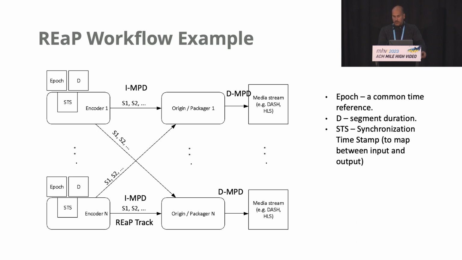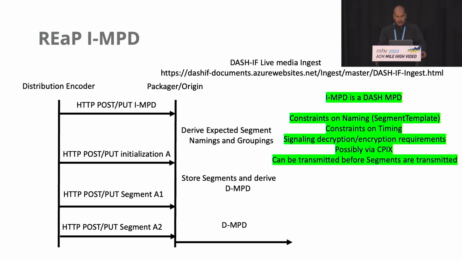We assume that encoders will generate constant duration segments. There are some exceptions to that, mainly for enabling DAI. And then it goes to origin packagers. They are combined here for simplicity, and then you create DMPDs that can be played back interchangeably from different players.